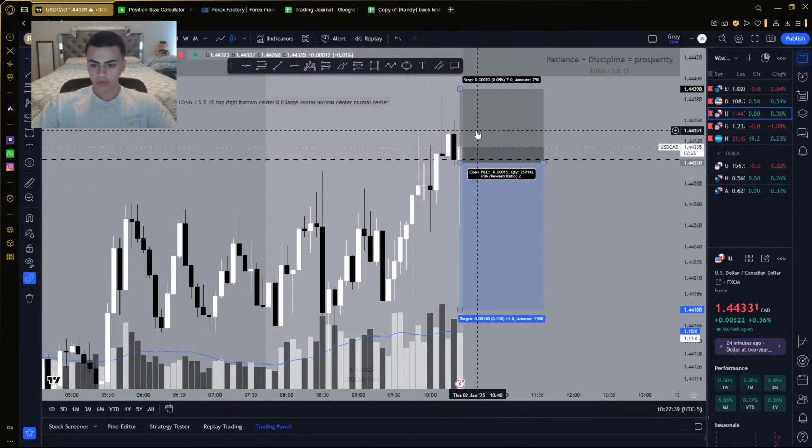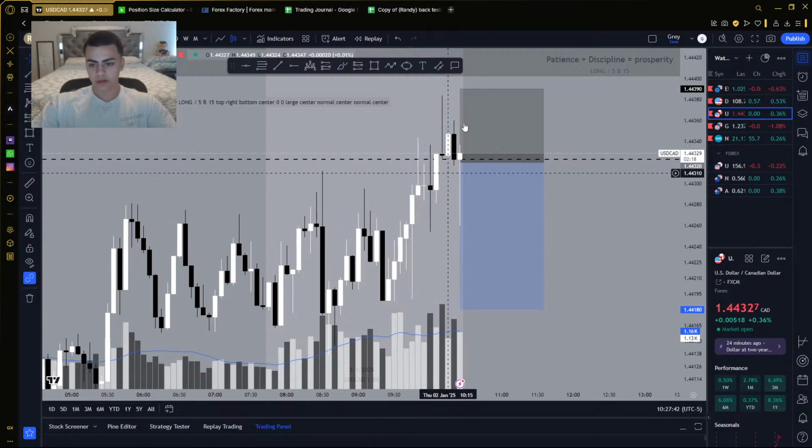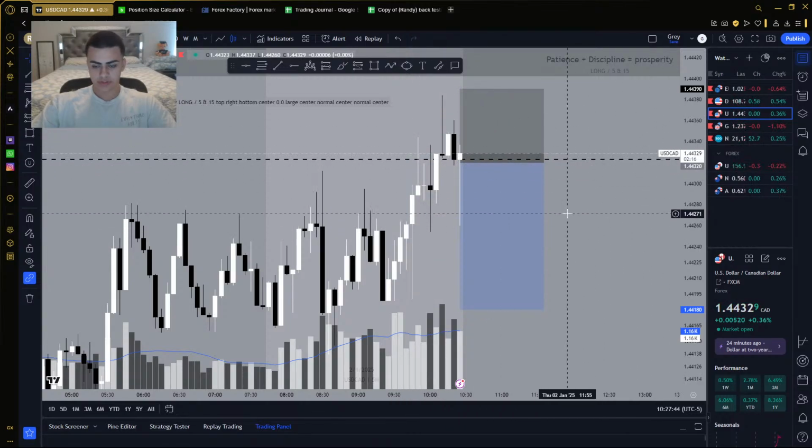Just went all the way down here, it grabs this liquidity and then it just goes up. Still 2 minutes left, but it's not really good.